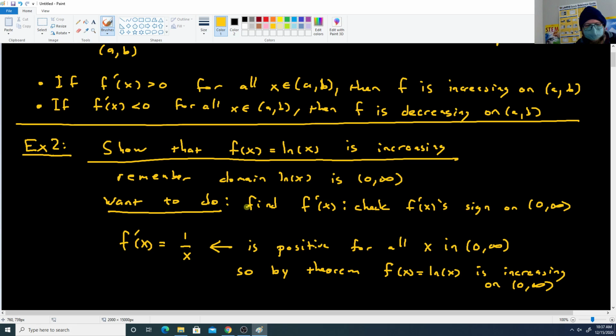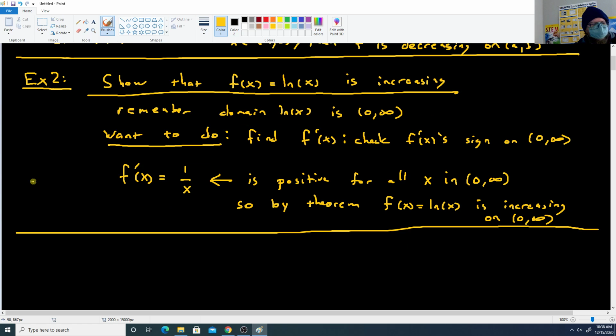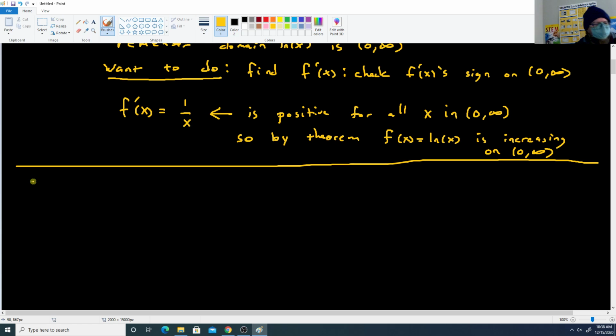The first derivative is 1 over x, which is positive for all x in 0 to infinity. So by the theorem, natural log of x is increasing on 0 to infinity, which is where the function is defined. So it's just an increasing function everywhere it's defined.